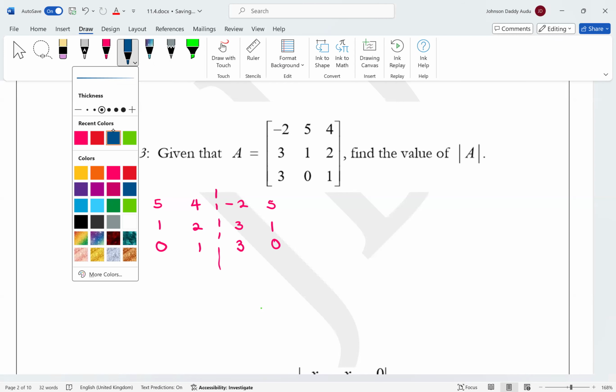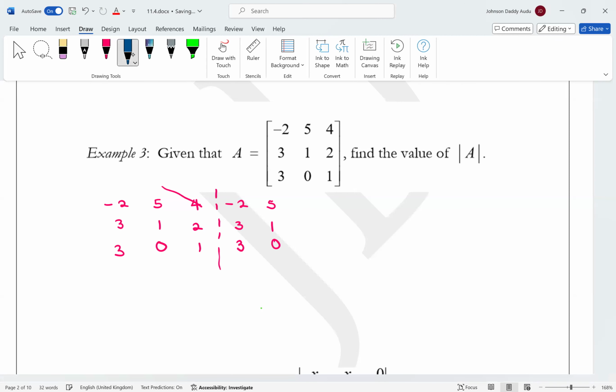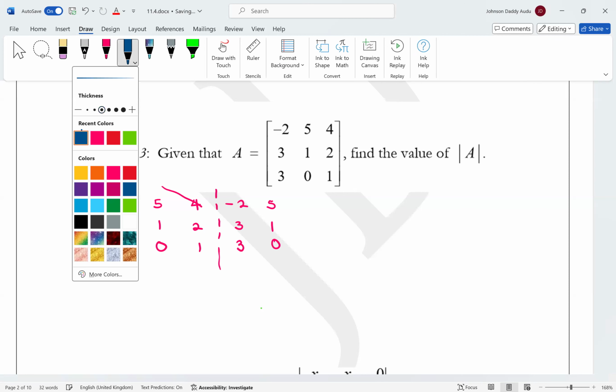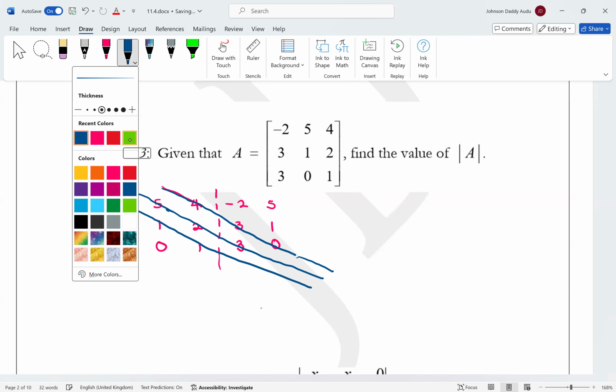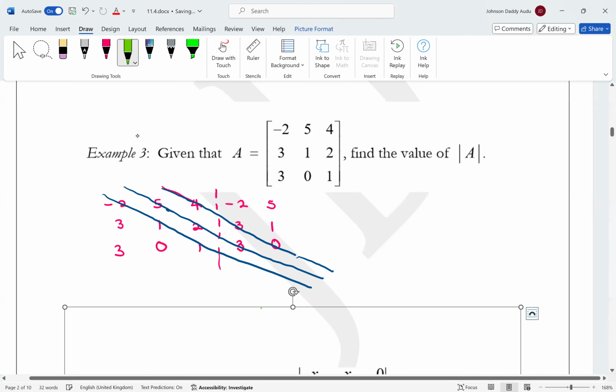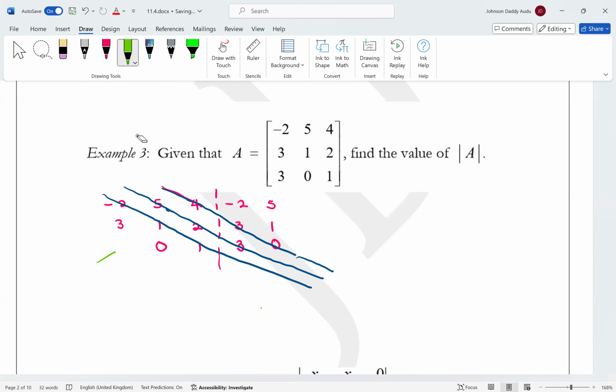So we can see that this, and then we can, okay, I think this is 3.